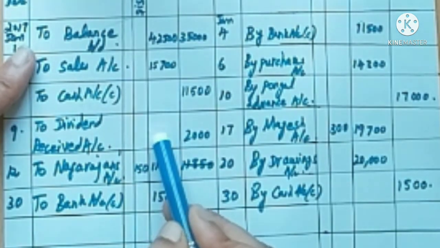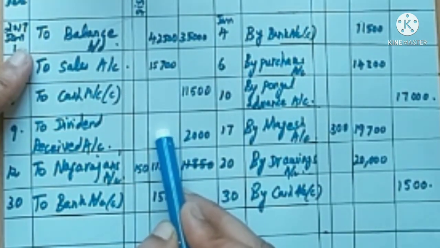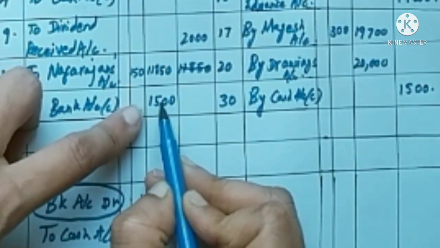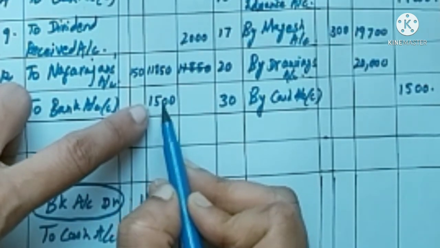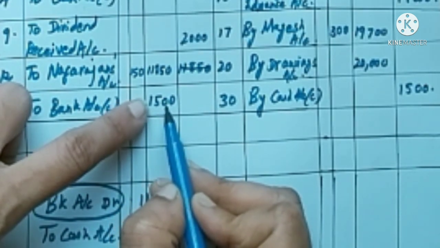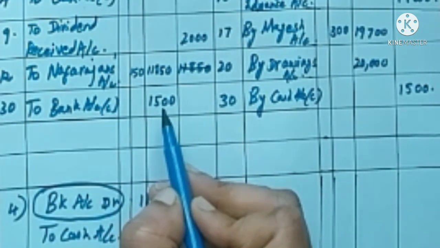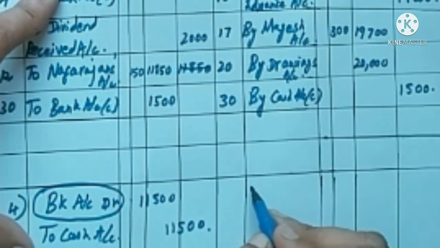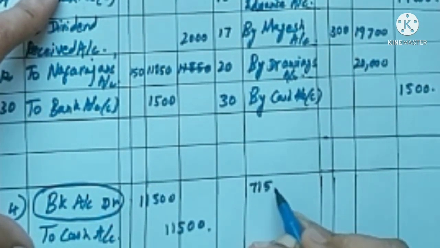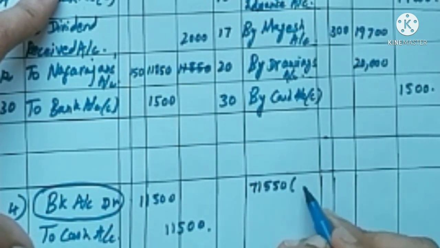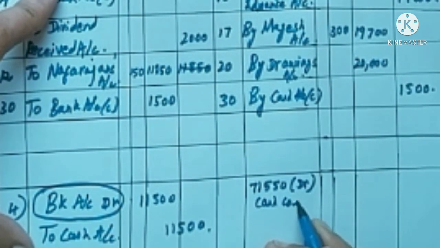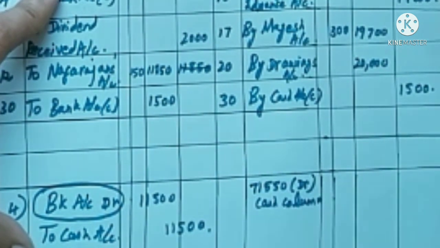Now I am going to total the cash column on the debit side of the cash book. When I total the debit side, that is the cash column, I get rupees 71,550. I write 71,550 on the debit side, cash column. This is the total.